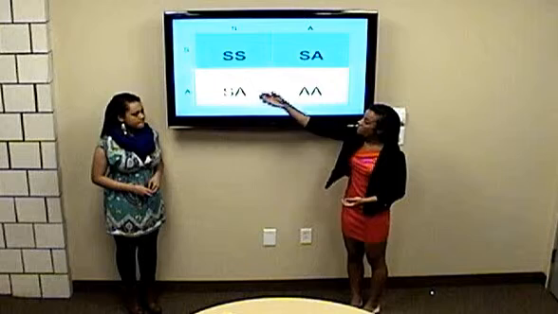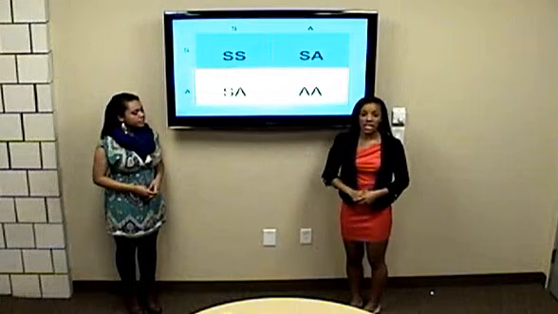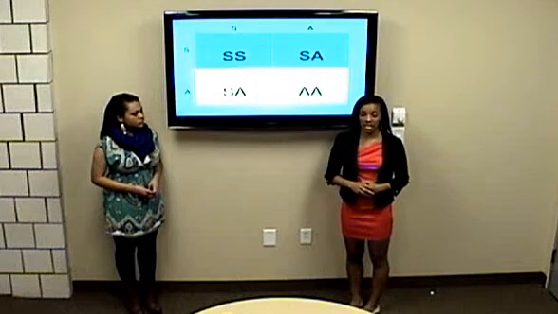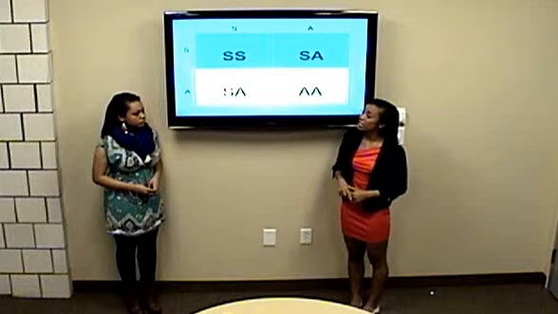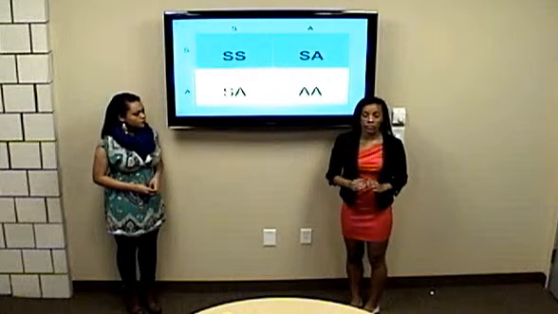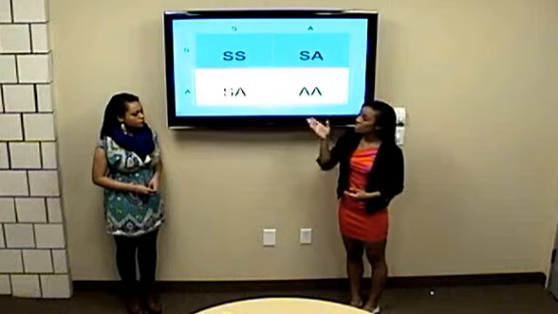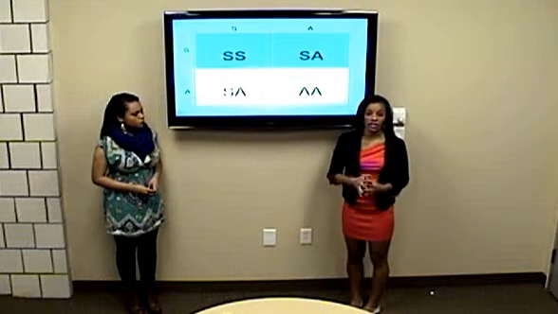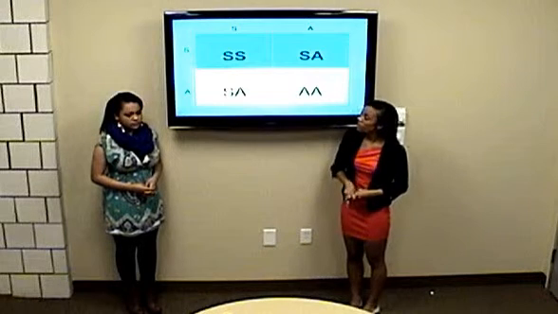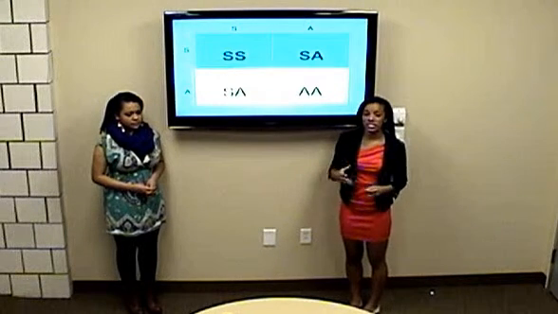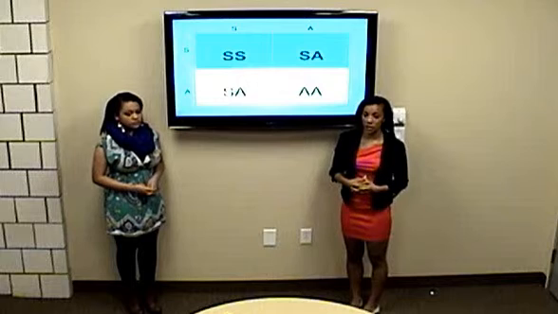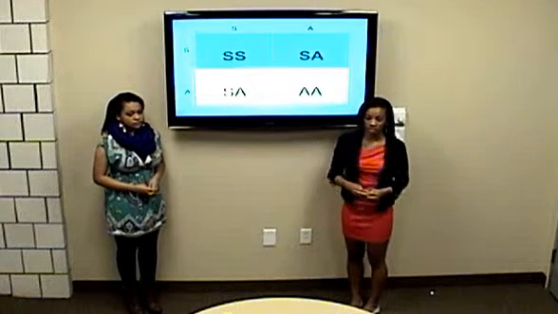In regards to the SAs, that is the sickle cell trait, which differs from sickle cell anemia, because the SA trait means that only 1/4 of the person's hemoglobin is sickle cell, whereas 3/4 of their hemoglobin is normal. In order for a person to have sickle cell anemia, 100% of their hemoglobin has to be sickle.